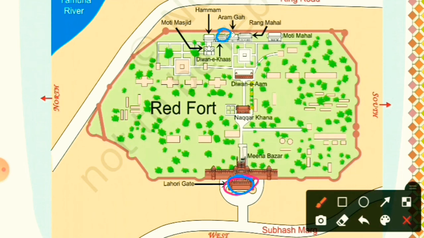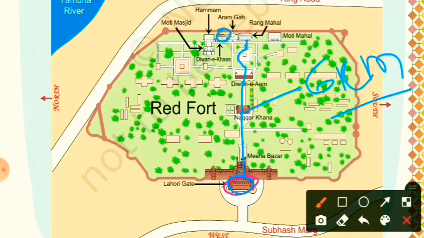So what is the distance? For that we have to trace it first. So let me trace it. Lahori Gate, then Meena Bazar, then Nakkar Khana, then Diwan-e-Am. Then it will be okay. Now this length, as I have measured in my book, was 6 centimeter, and from here to Diwan-e-Khas it was only 1 centimeter.